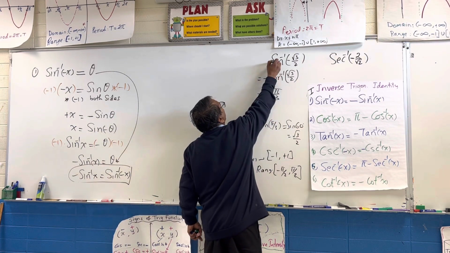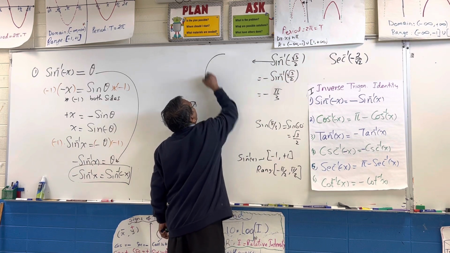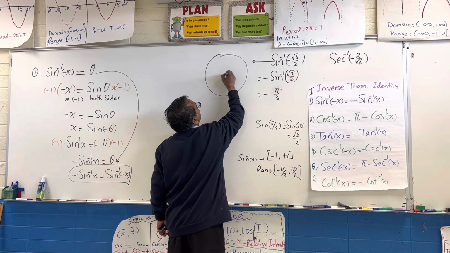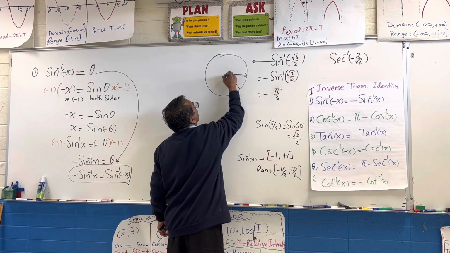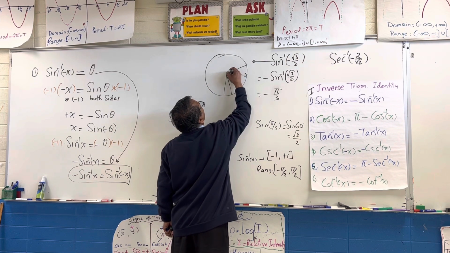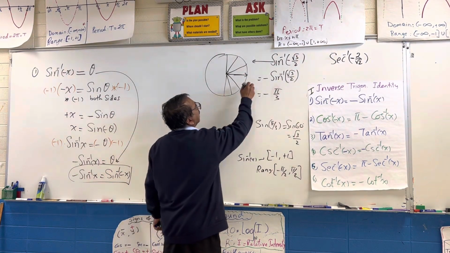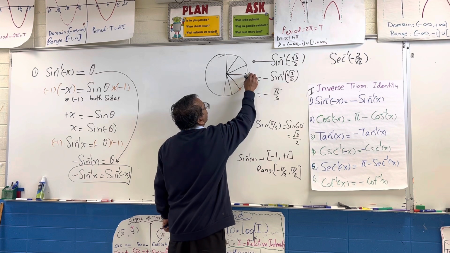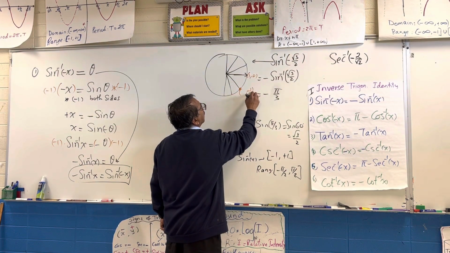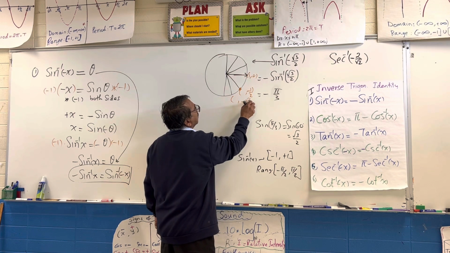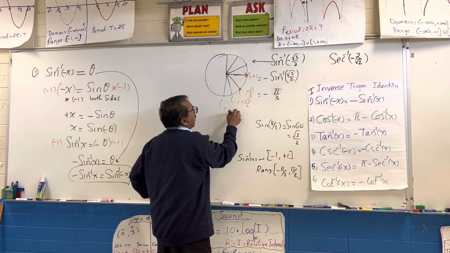Otherwise, you need to think of the arc this way. See this part: this is 1, 0, this is minus half, this one is minus root 3 by 2, and this one is minus 1.